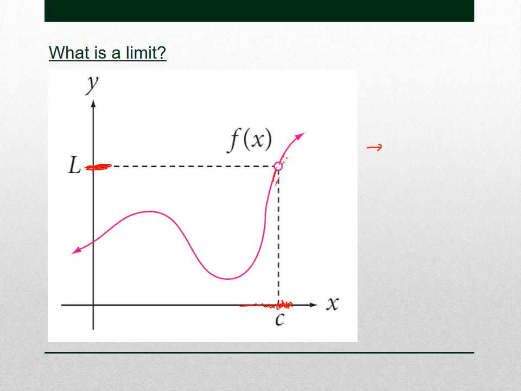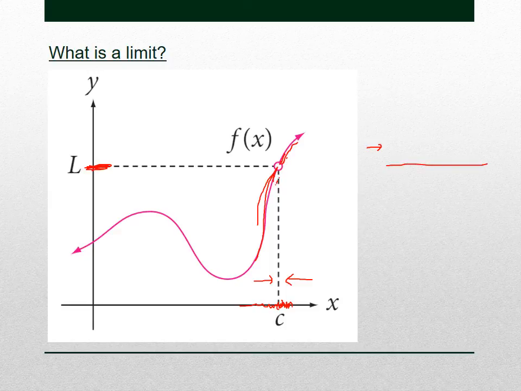It means that if you trace this graph from the left, as you go towards x equals c, you're reaching that height L. And from the right, as you go towards x equals c, it's also going to the height L, whatever number that might be.